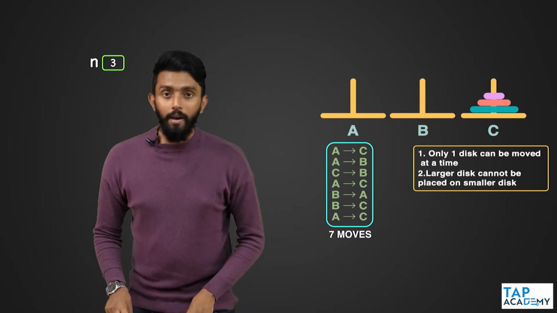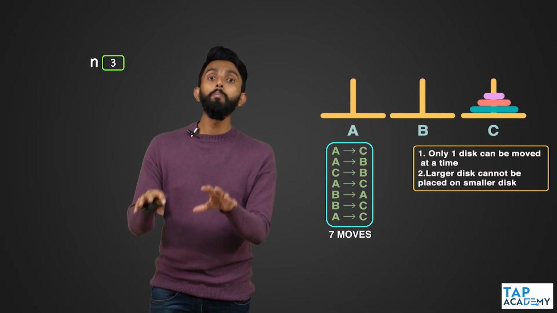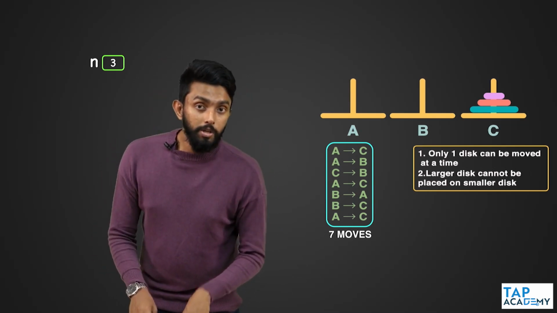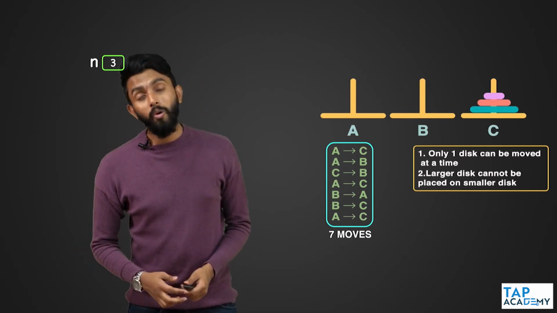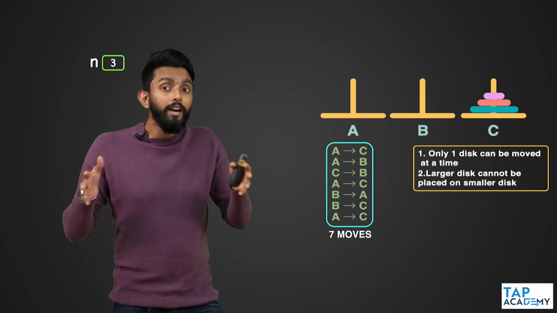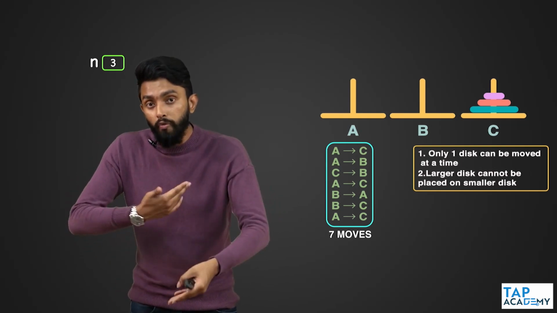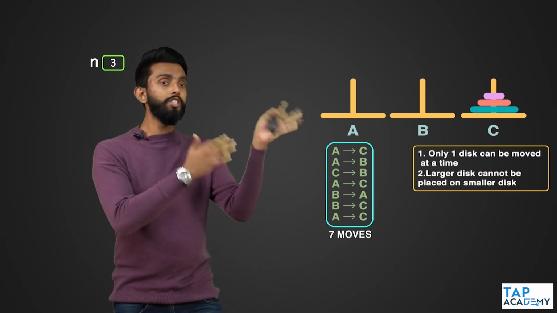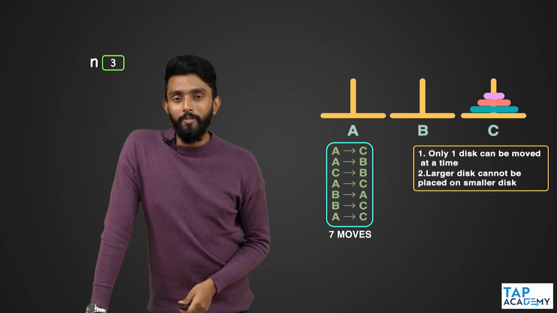Now, the aim is to solve this problem using a program. The aim is to recursively solve this problem. How can you write a recurrence relationship or a set of calls to functions which call themselves such that you can solve this Tower of Hanoi problem? If you ask me, it's very, very simple.